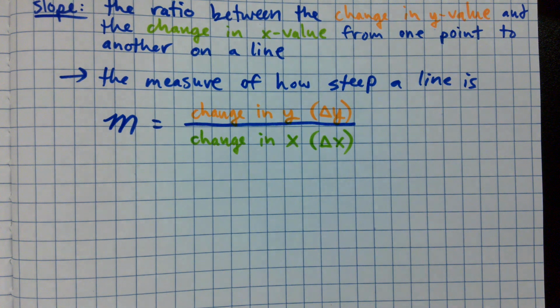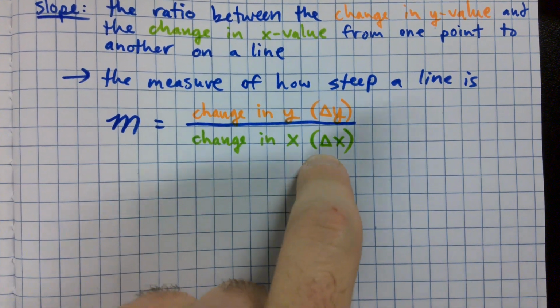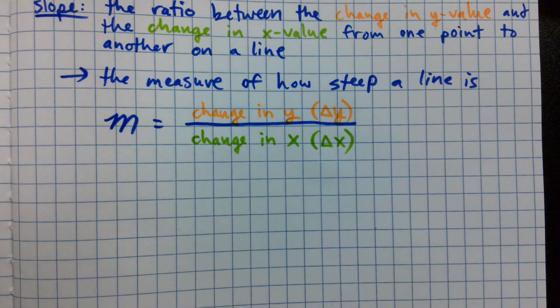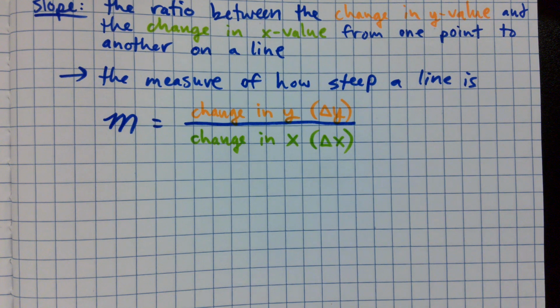And that triangle in math is called delta, which does come from the Greek alphabet. If you're reading something that was written in Greek, any letter D that you see is going to look like a little triangle. Delta is the Greek version of our English letter D, and it represents a change. So the change in y over the change in x.